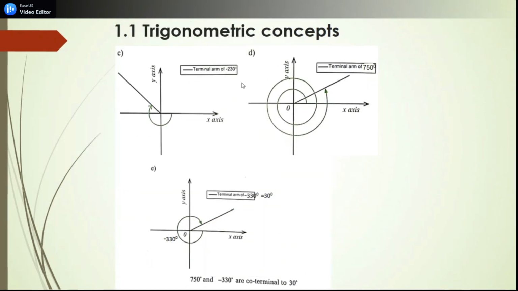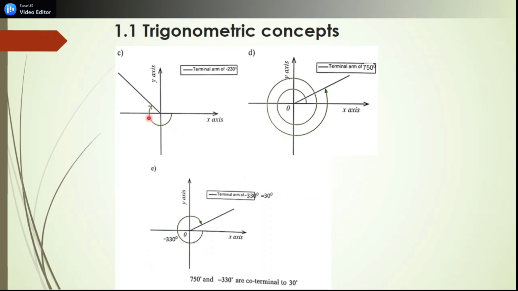We have an angle of negative 230 degrees. It is in the negative direction. When we draw this angle in the negative direction, it will be located in the second quadrant. From this point to this, you have negative 90 degrees.